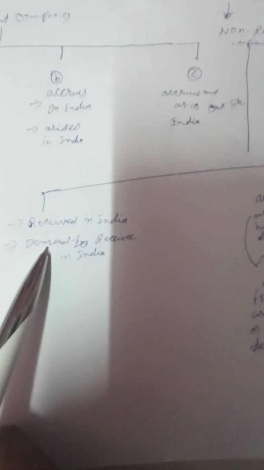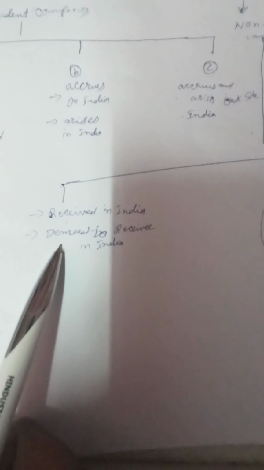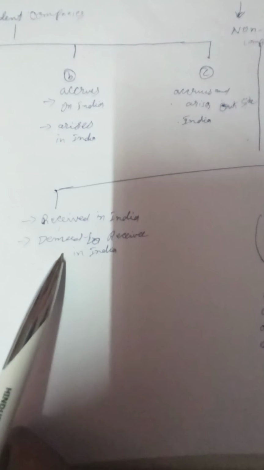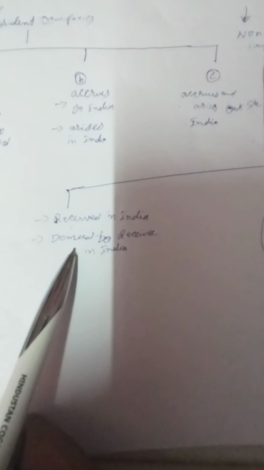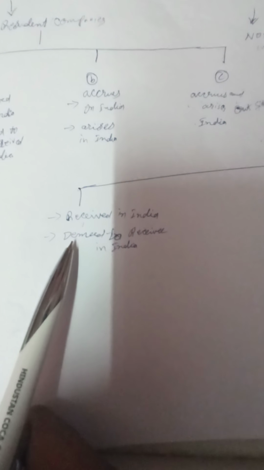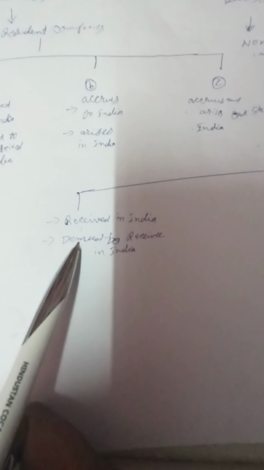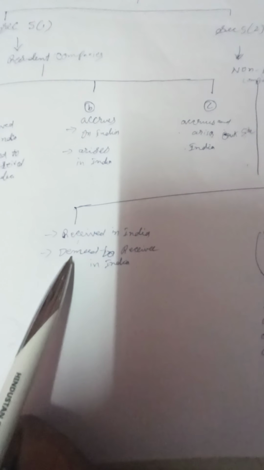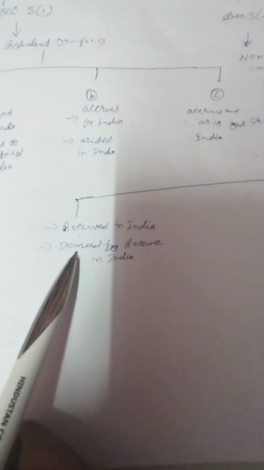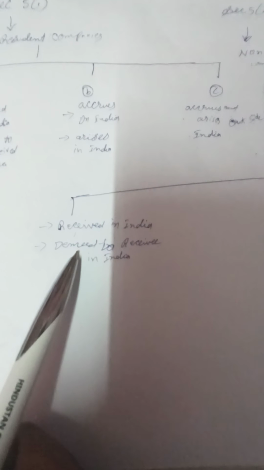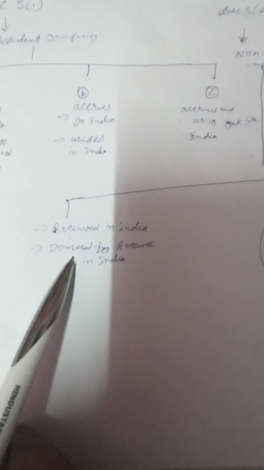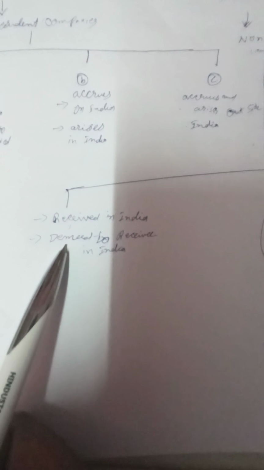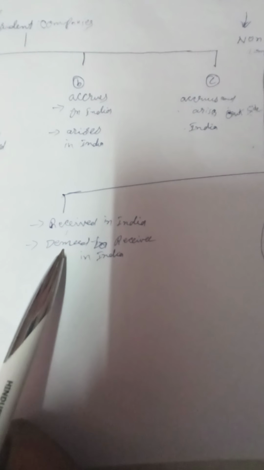Regarding this, I have given an example of the 2G spectrum of Vodafone in your class. Remember that and understand it better. How they floated a company and how they did the 2G spectrum scam. This is regarding deemed to be received in India. We have discussed how the Supreme Court gave the judgments and what the arguments were between the judgments.